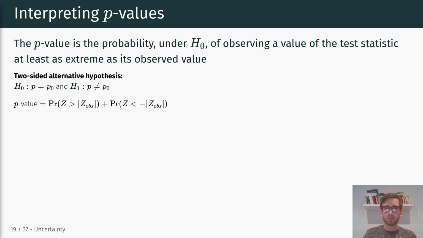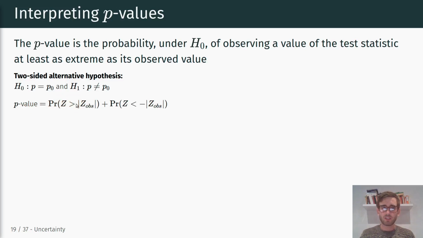Okay, so we can think about this in the example that I just showed you in the context of population proportions. We looked at this in the context of a two-sided alternative hypothesis. So we said we look at a null hypothesis of p being equal to p0. That's the population proportion that we looked at. And the alternative hypothesis is simply that p is not equal to p0, right?